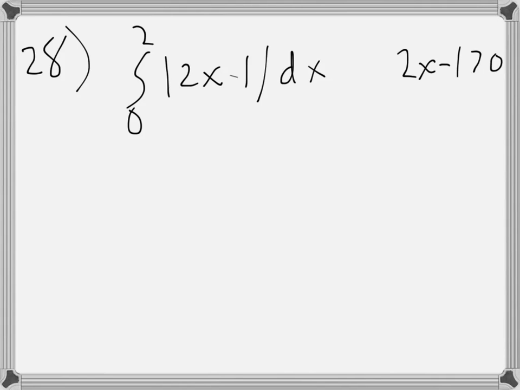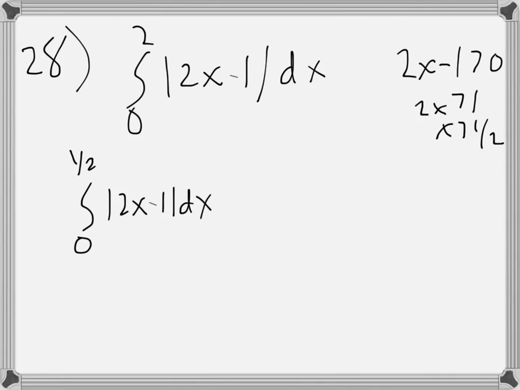If I solve that equation, I get x is greater than 1/2. So that means that if I go from 0 to 1/2, I have one expression. And if I go from 1/2 to 2, I have another expression. What's inside the absolute value there, we've proven is positive when x is greater than 1/2.